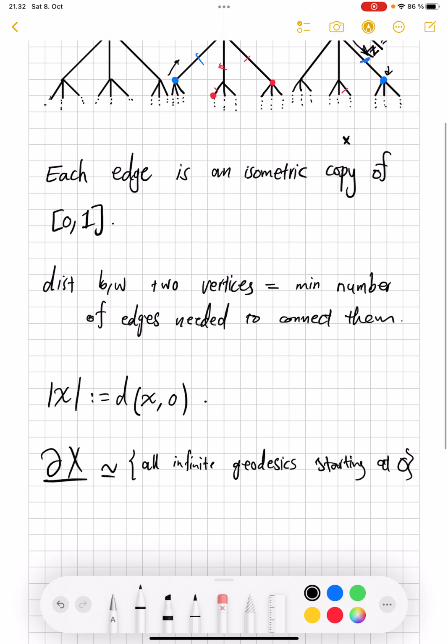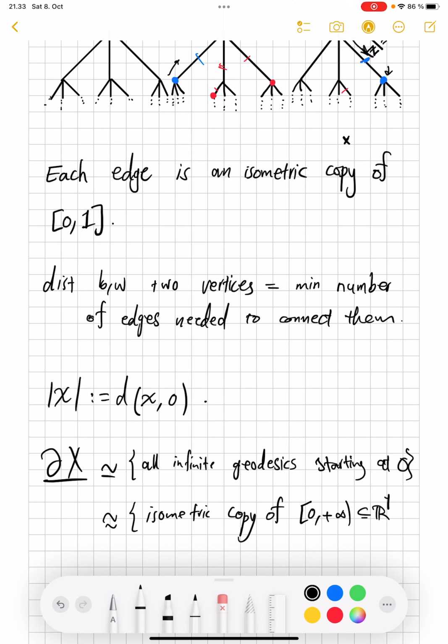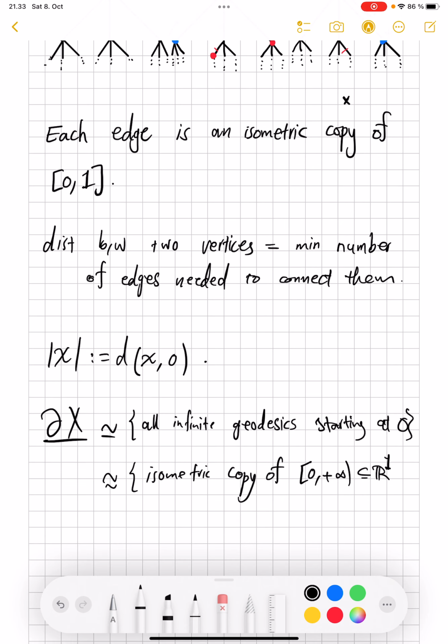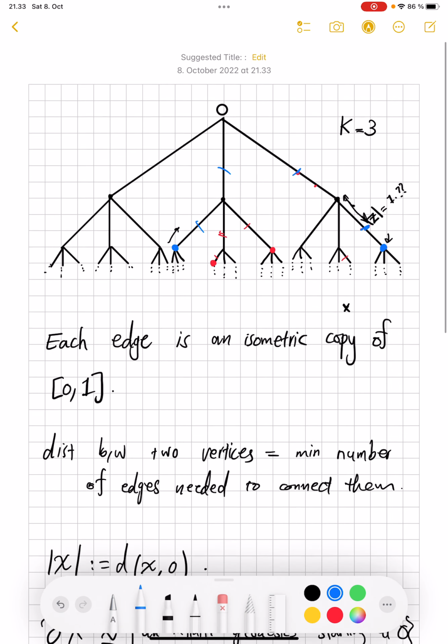By an infinite geodesic, we mean an isometric copy of the half line, which is this subset of R^1 with the usual distance, and if we have an isometric copy of this inside your space X starting at 0, then this is again basically giving you an infinite collection of edges.